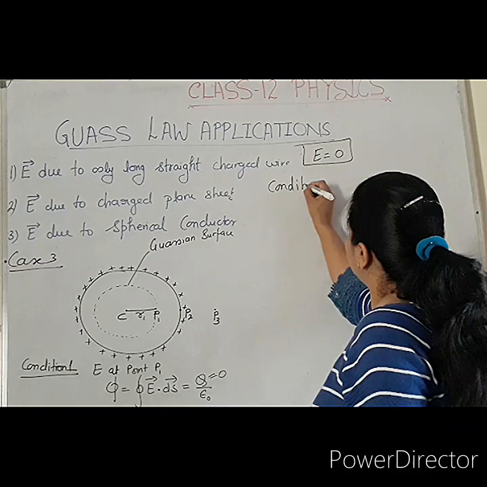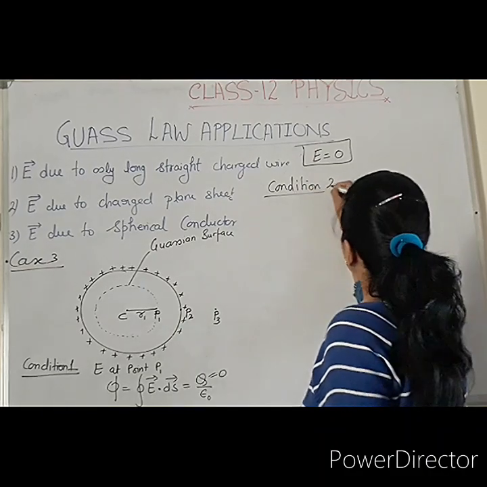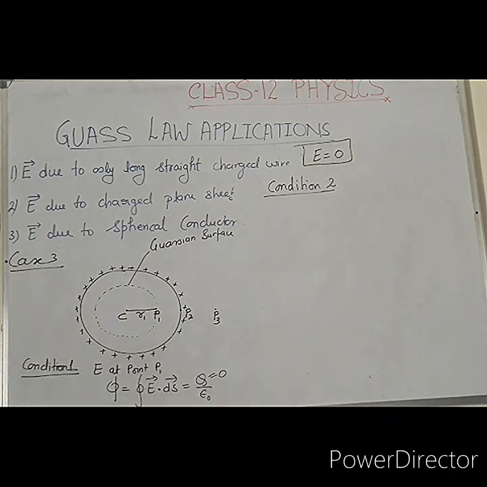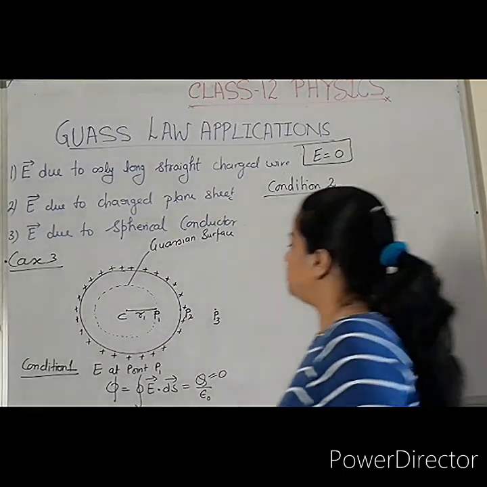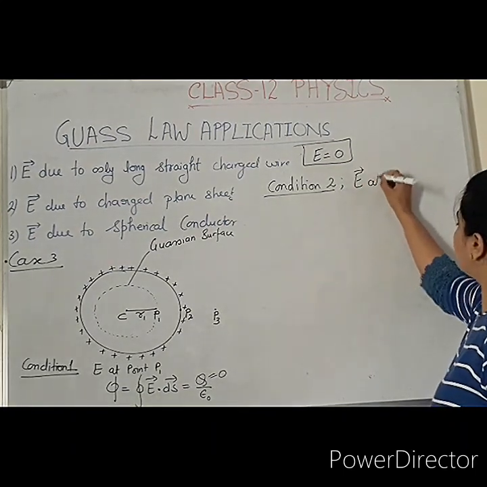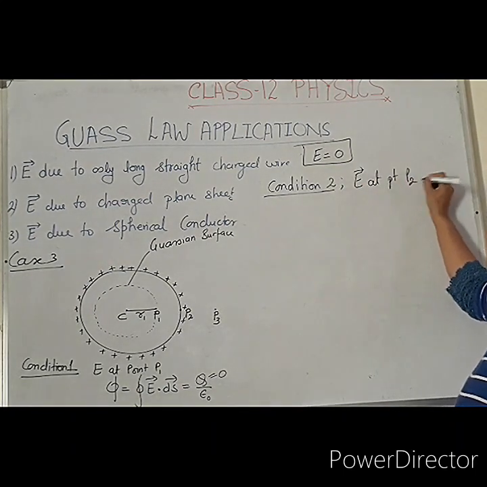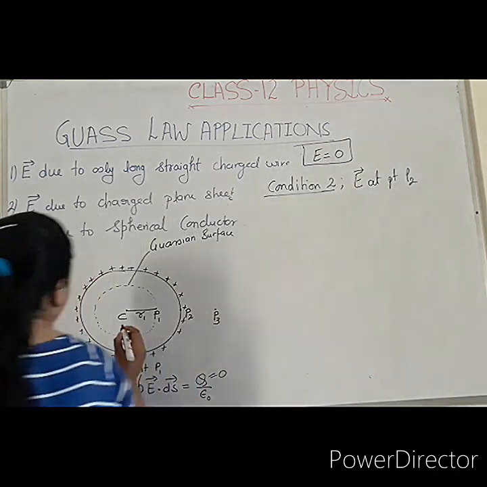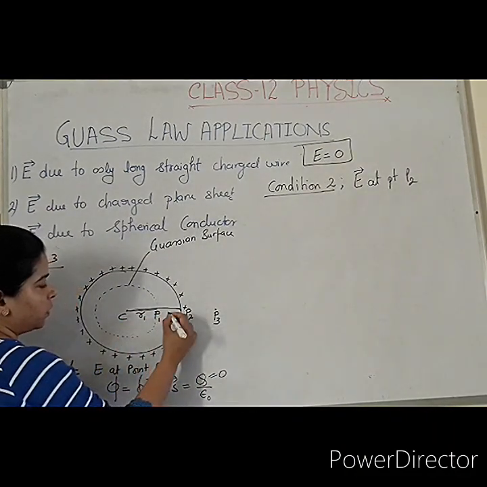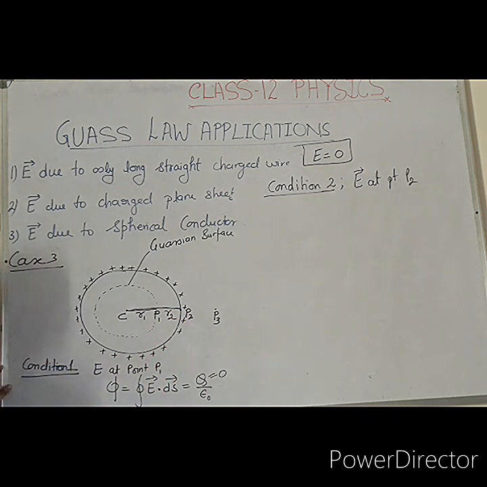Now take condition 2. Condition 2 is regarding P2. So we will take the point P2, that means the electric field at point P2. Again, we need to take the distance from the center towards the point P2. Let it be R2.